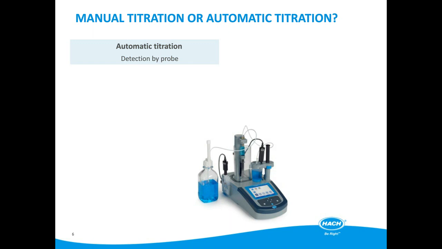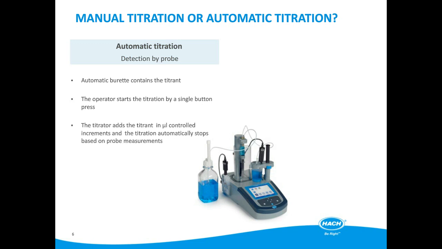You can see that the automatic burette contains the titrant. So it means that you have an accurate syringe which will manage the titrant. The operator has only to start the titration by pressing a button.